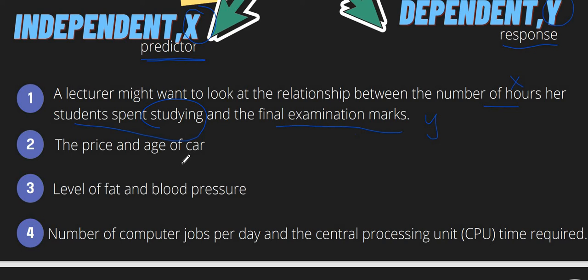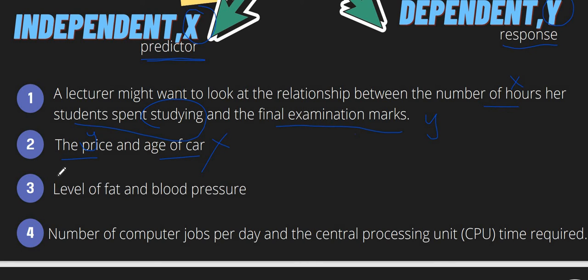Maksudnya harga kereta akan berubah, bergantung kepada berapa tahun kereta tu. If the car is already 9 years, of course the price will be reduced, is it? So the price here will be your dependent Y and age of car will be your independent.